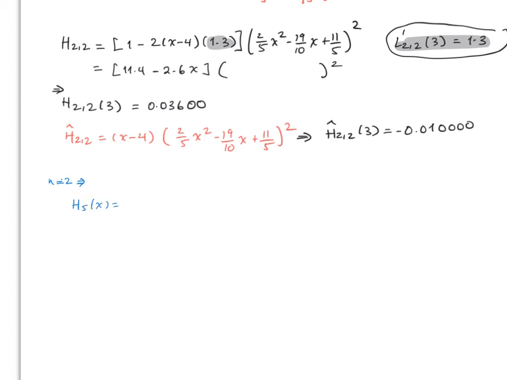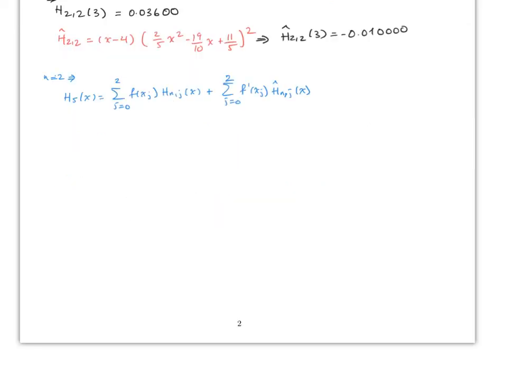And by the definition, this is equal to the sum from j equals 0 to 2 of f of x j hn j of x plus the sum from j equals 0 to 2 of f prime of x j times h hat n j evaluated at x.